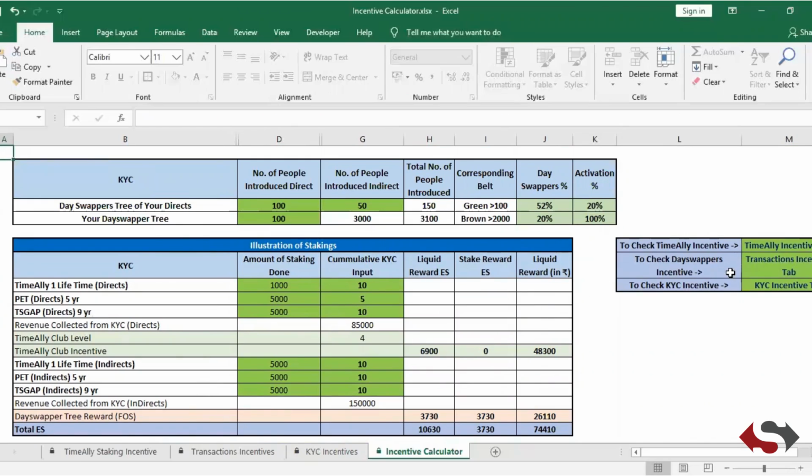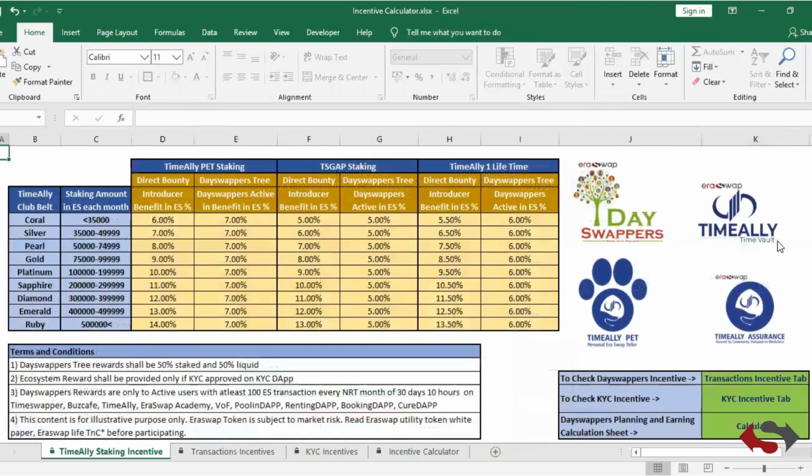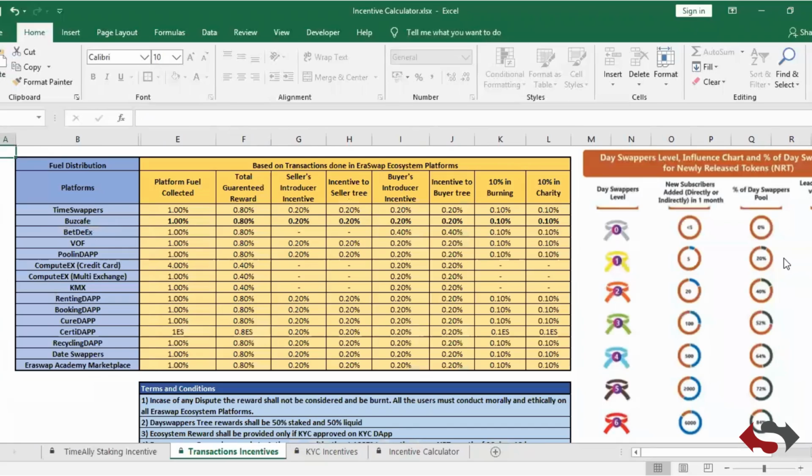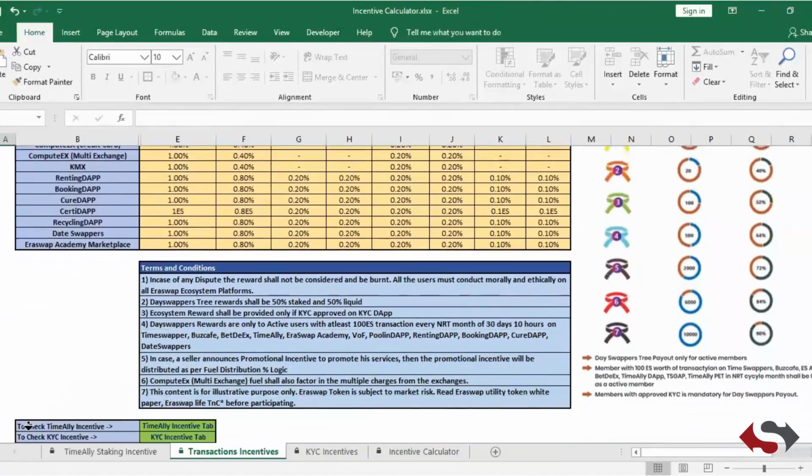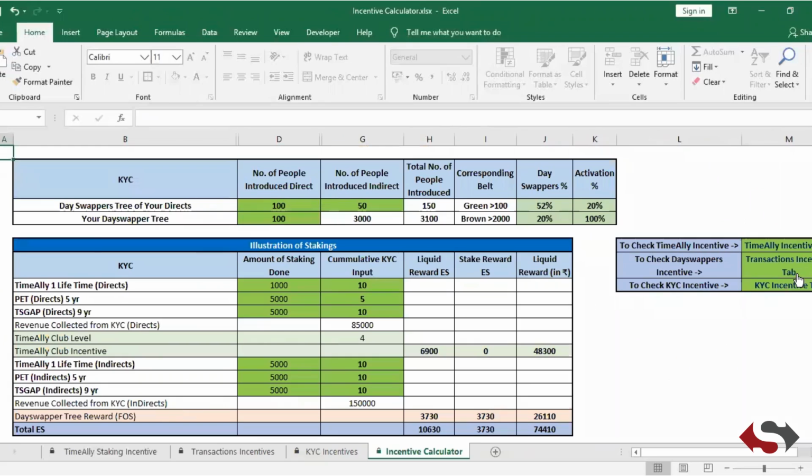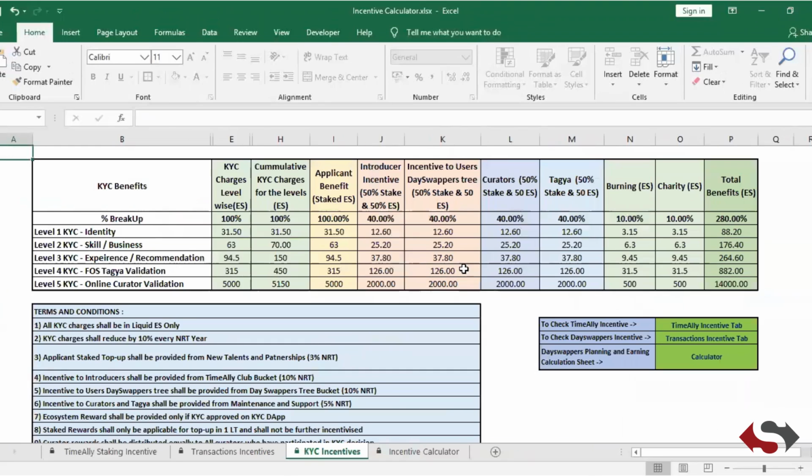Here you have the three types of incentive: the time-aligned incentive, the transaction incentive, how it shall be distributed, and the KYC incentive. So this is what I wanted to cover in this video.